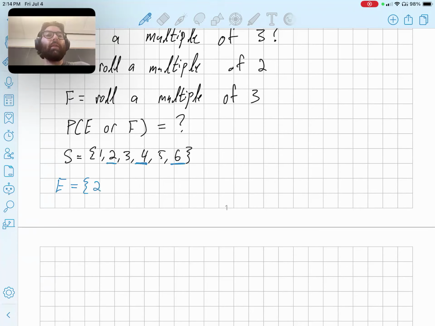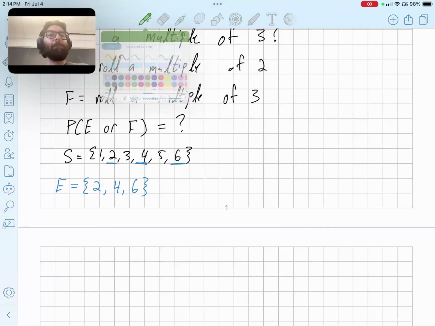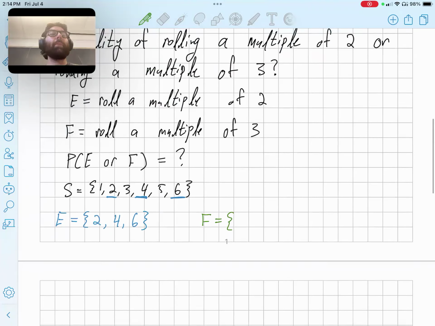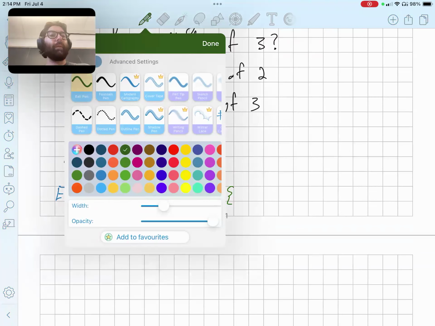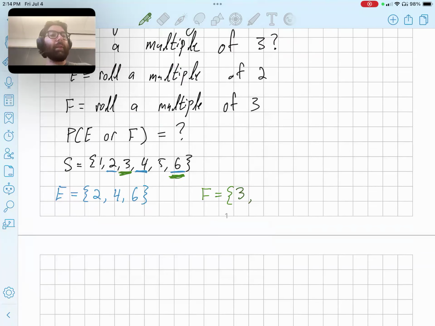So E is 2, 4, 6. Now I'll switch to green. F is all the multiples of 3. 1 isn't a multiple of 3, 2 isn't, but 3 is. 4 and 5 are not, but 6 is. And so we've got 3 and 6 for F.